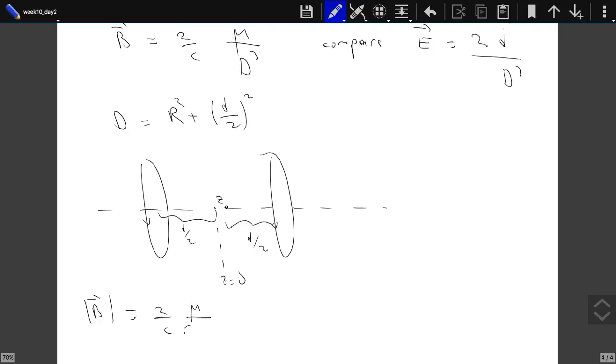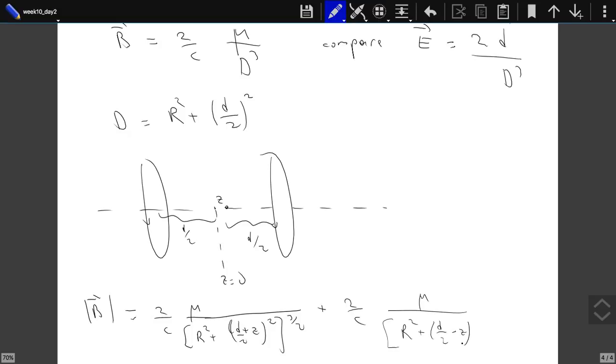Mu over, well, D is R squared plus d over 2 plus z squared, all to the power 3/2, plus 2 over c mu over R squared plus d over 2 minus z squared to the power 3/2.